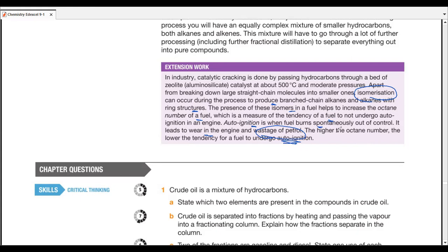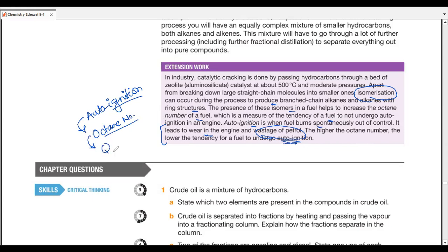So what do we do? We have a method of calculating whether auto ignition would happen to a specific fuel in the car or not. In order to calculate it, we measure what? We measure the octane number of a fuel. Actually, octane number is a measure of the quality of fuel.